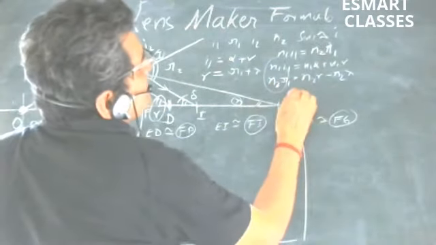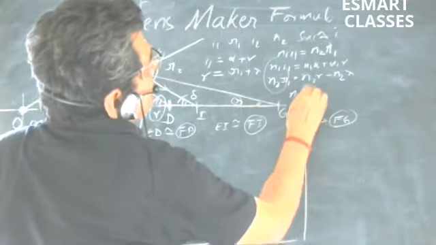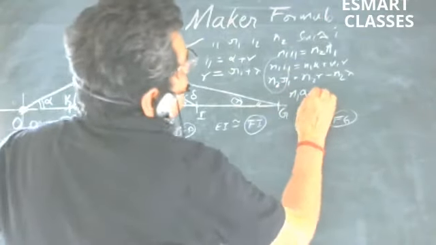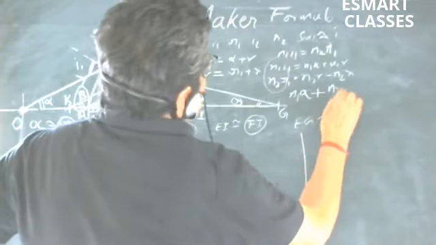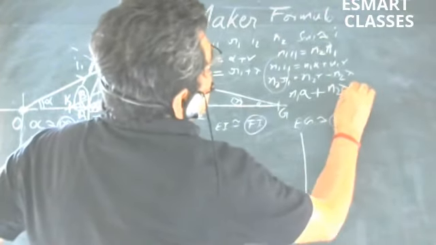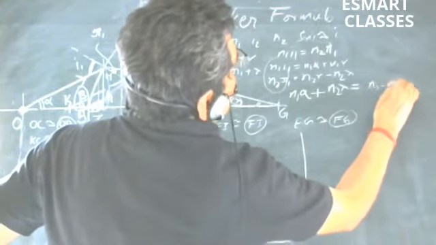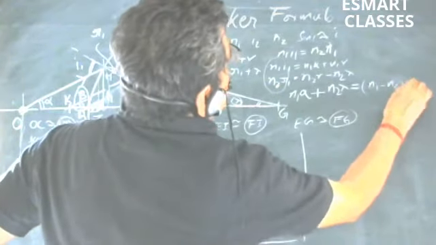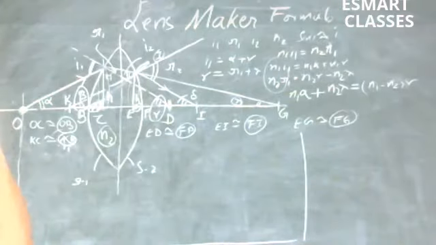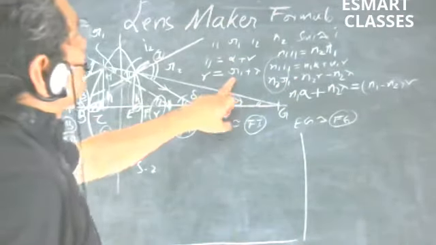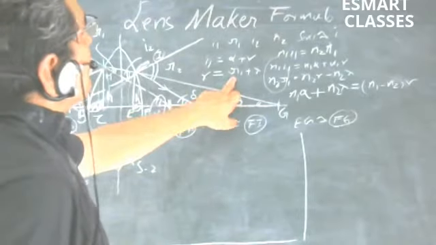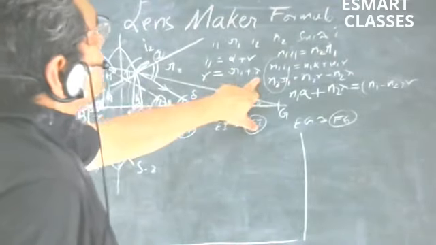So we will write N1 alpha plus N2 lambda is equal to N1 minus N2 into gamma. Because R1 we have taken like this, R1 is gamma minus N2 lambda.